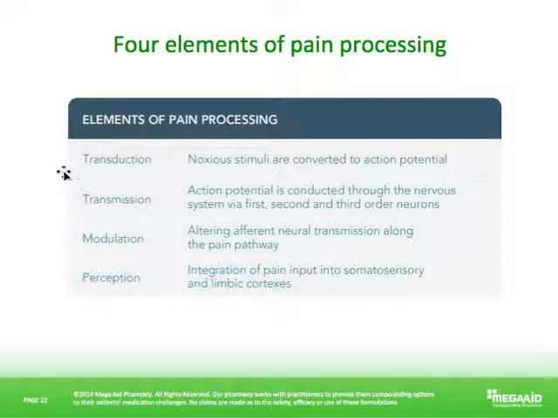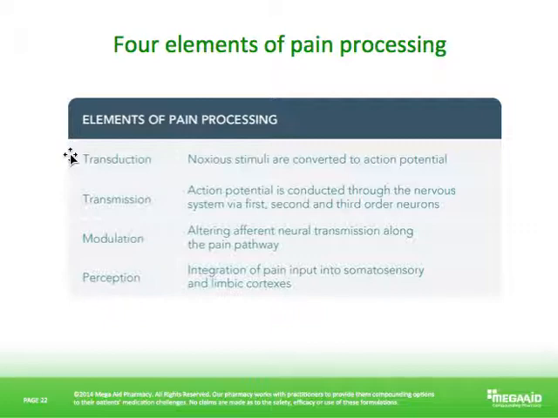The first element is transduction. Transduction basically refers to an event when a noxious stimulus is being converted to an action potential. Sounds like gibberish, so let me explain what I mean by that. What is a noxious stimulus? It's something that causes tissue injury.